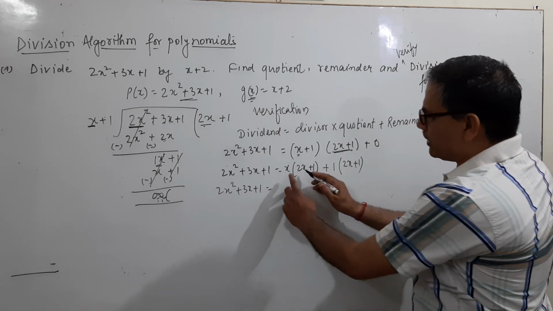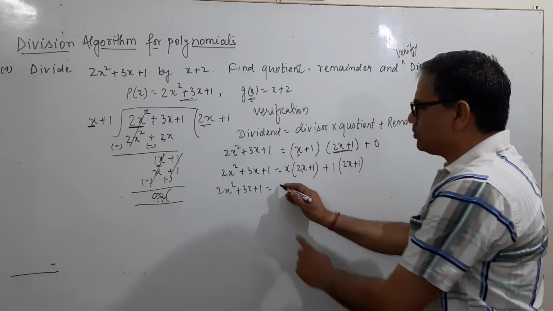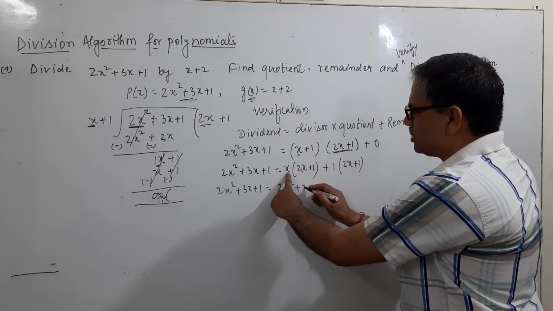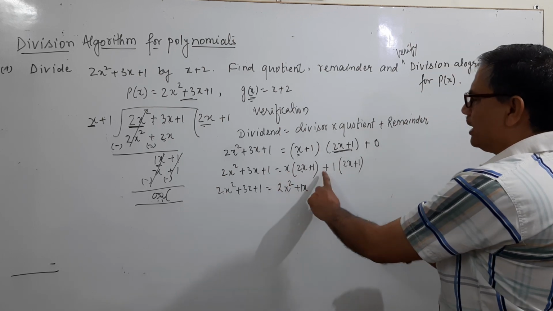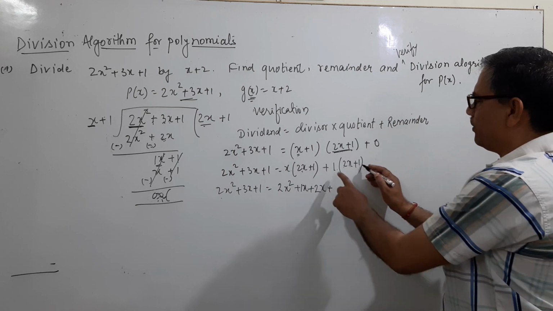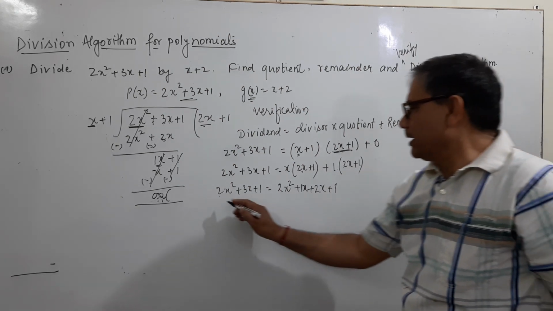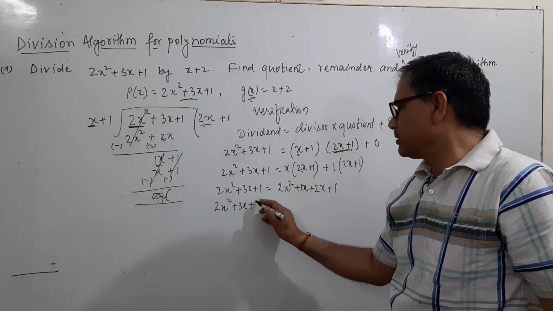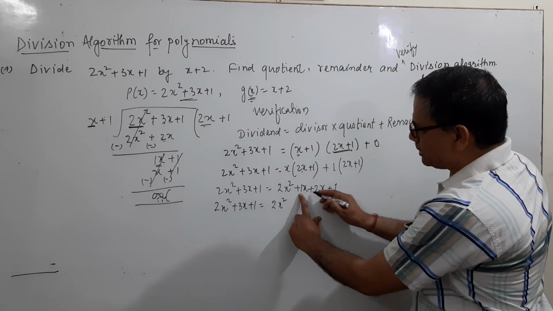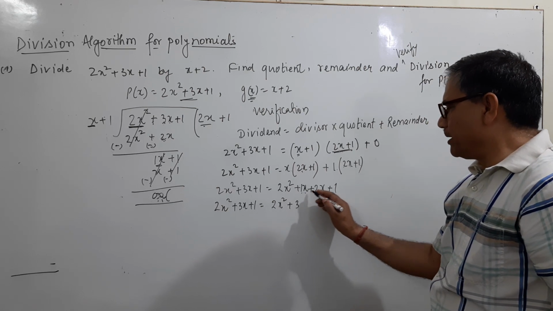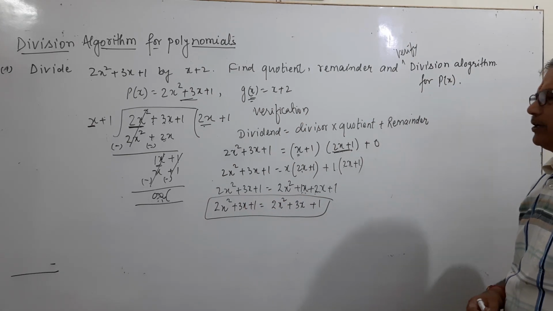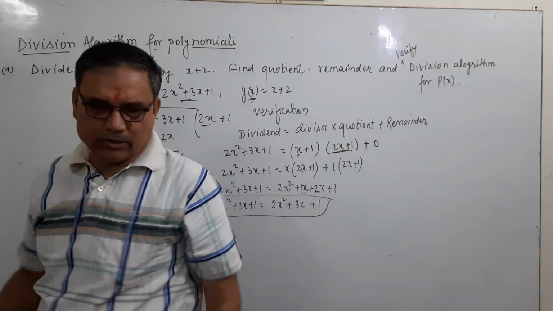So 1x plus 2x makes 3x, plus 1, and they are equal to each other. This is the verification.